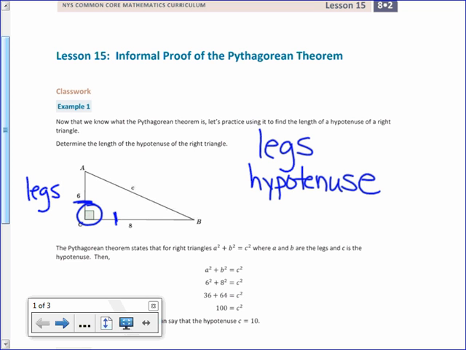The hypotenuse is the side that is opposite of the 90-degree angle, or the right angle. So in this case, our legs are the sides that measure 6 and 8, and our hypotenuse is the side that is called C.